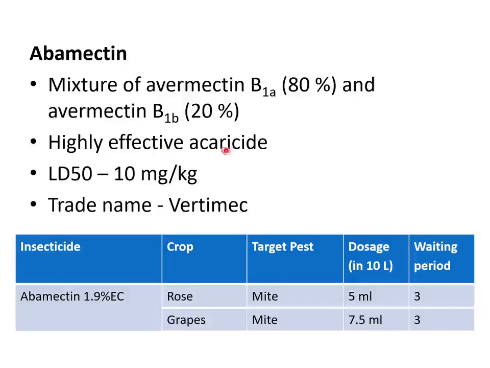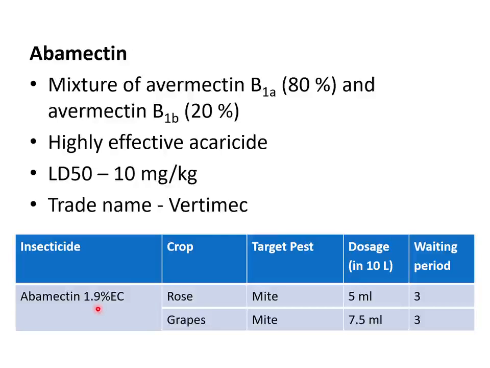It is an extremely effective acaricide, and the LD50 is a bit low. That means it is a toxic one. The trade name is Vertimec. The Vertimec trade name was earlier, marketed by Syngenta. But nowadays it is marketed by PI Industries, and I think the trade name is Abacin.